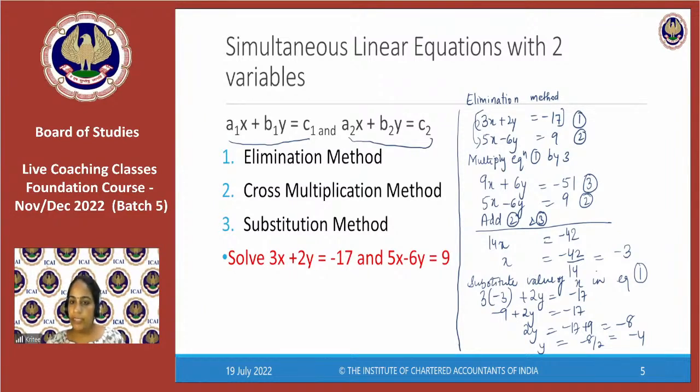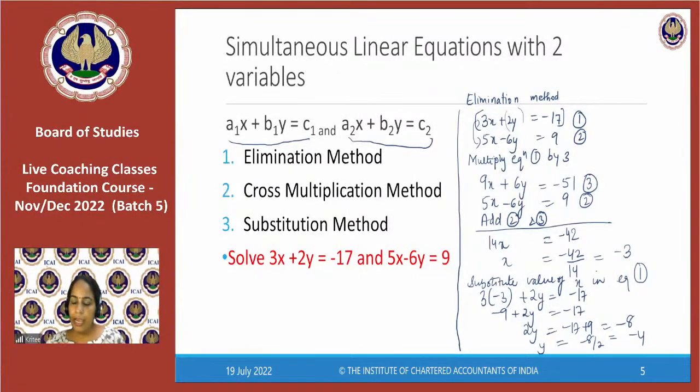Here I find y coefficients easier because 6 comes in the table of 2. So I can multiply this first equation by 3 and make one of the variables equivalent to the other equation's variable. So this becomes 9x plus 6y is equal to minus 51 when being multiplied by 3.